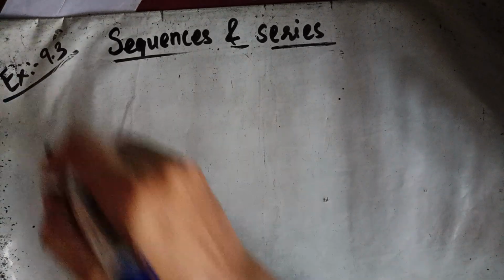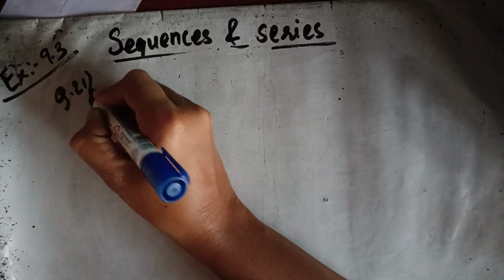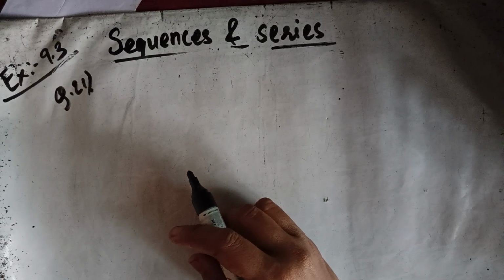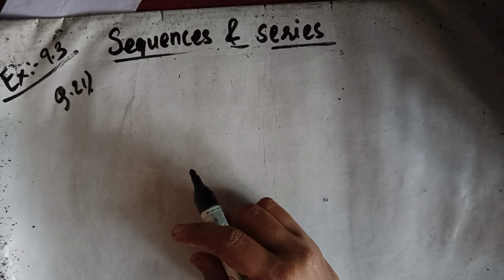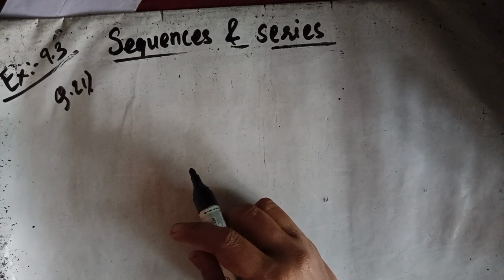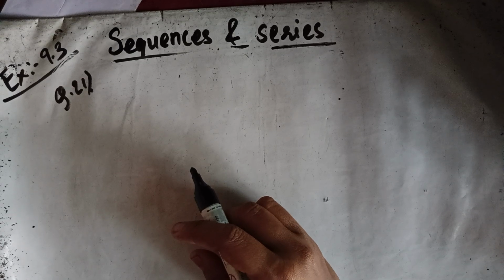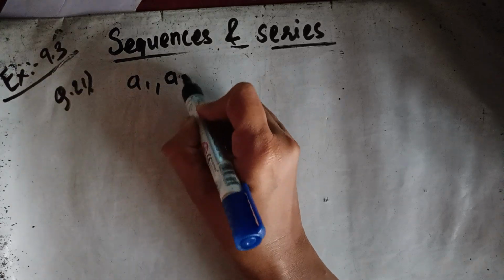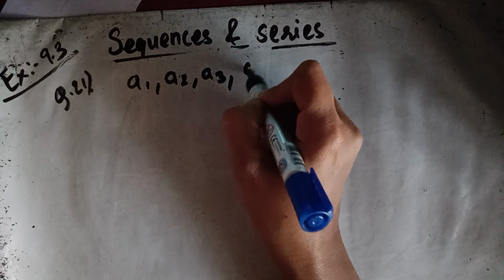Question 21. Find four numbers forming a geometric progression in which the third term is greater than the first term by 9 and the second term is greater than the fourth term by 18. Okay, so four numbers are there, A1, A2, A3, A4.